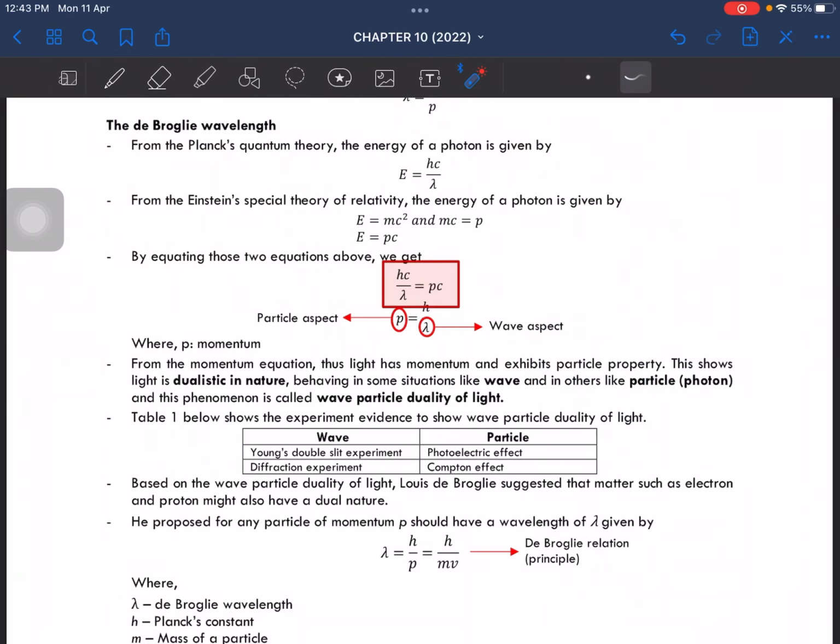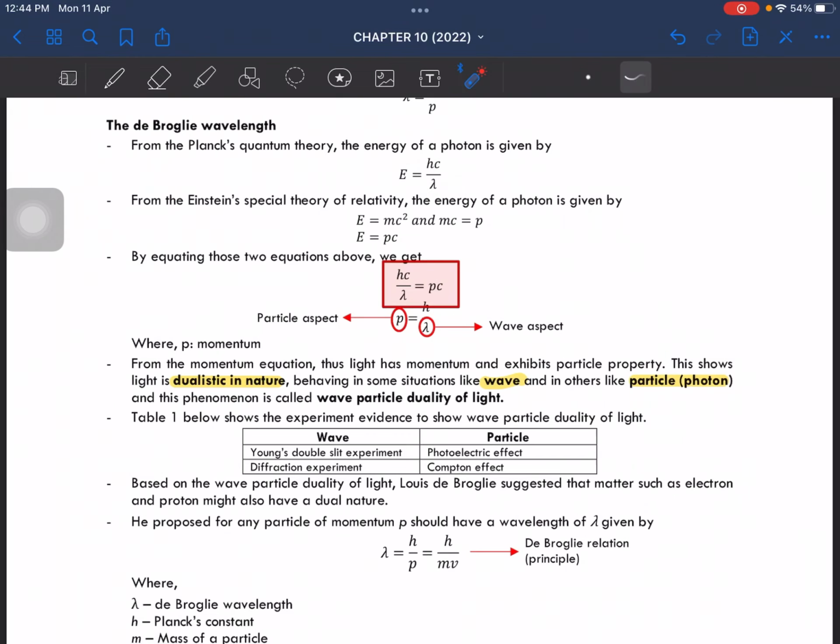Okay, so from that we can say that light is dualistic in nature. So they are behaving in some situations like a wave, and in others like a particle or photon. This phenomenon is what we call the wave-particle duality of light.